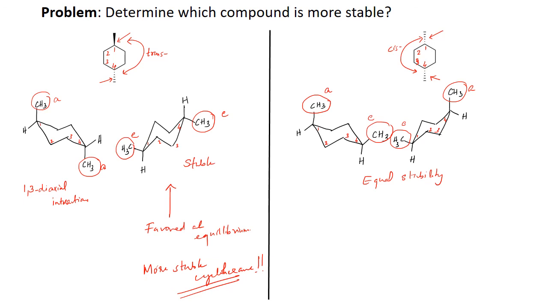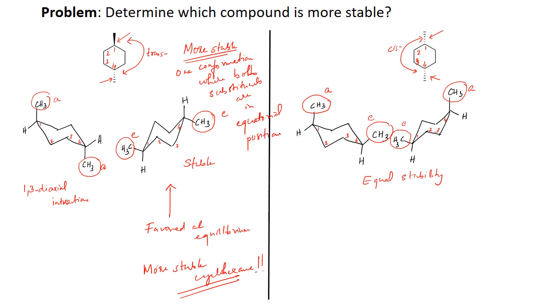So of the two cyclohexanes, the trans-dimethyl cyclohexane is more stable because it has at least one conformation where both substituents are in equatorial positions.